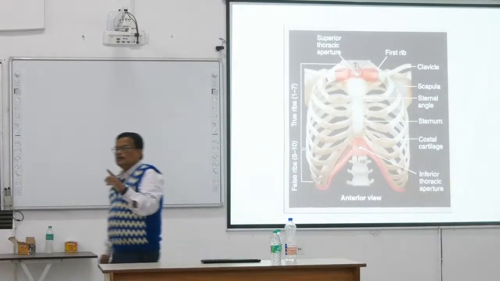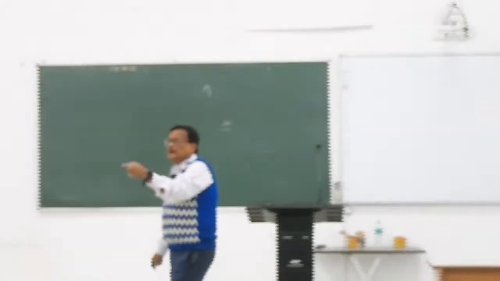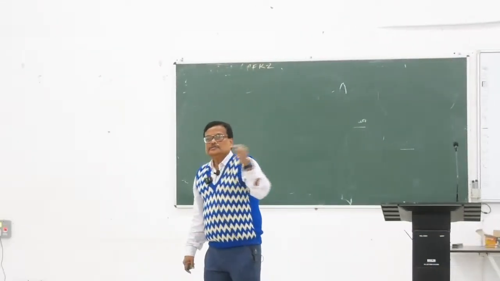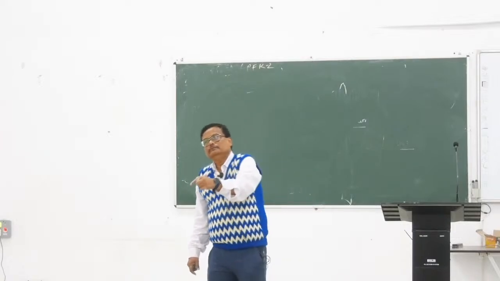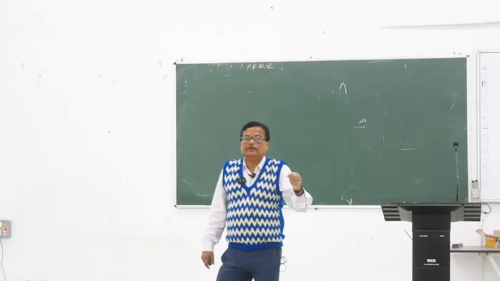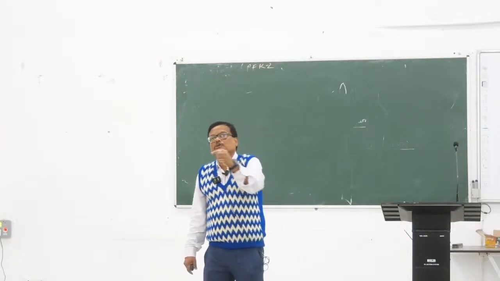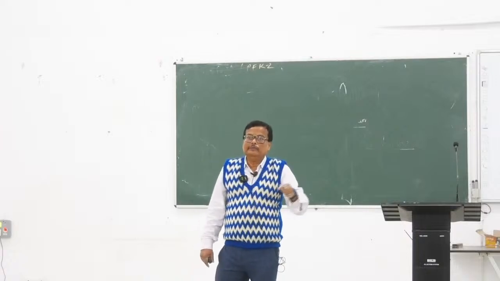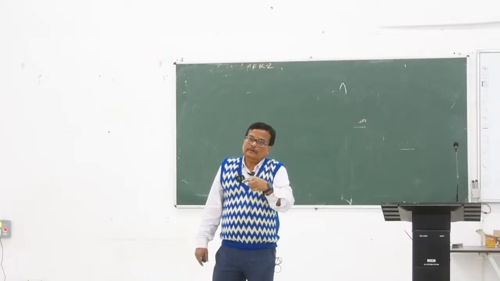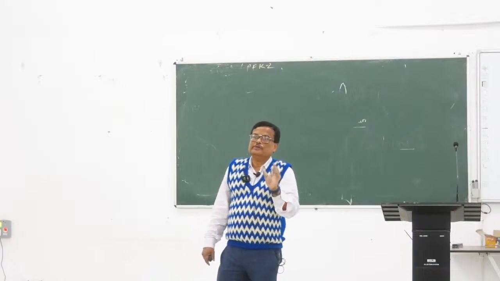বুঝতে পেরেছো? First rib, first costal cartilage attached to the manubrium sterni. Second rib, second costal cartilage attached to the sternal angle. Third rib, its own third costal cartilage attached to the body of the sternum. Fourth rib directly, fifth rib directly, sixth rib its own cartilage, seventh rib directly attached to the sternum by its own cartilage.